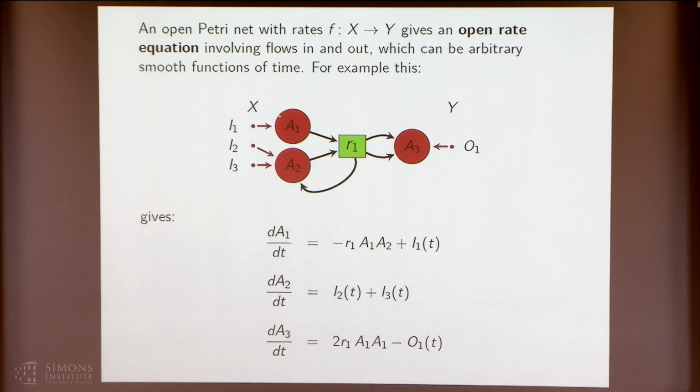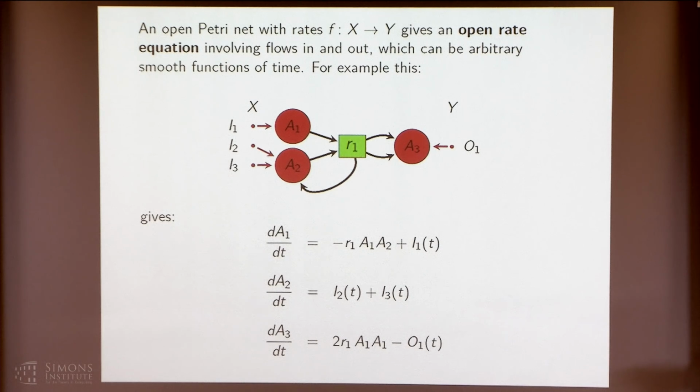So what I'm doing now is, as before, labeling the places with functions of time, and I'm also now labeling these inputs with functions of time. And these input functions of time do not obey any differential equation, because the idea is that some external user could decide to dump in chemicals of various sorts at a rate that it was up to them to decide.